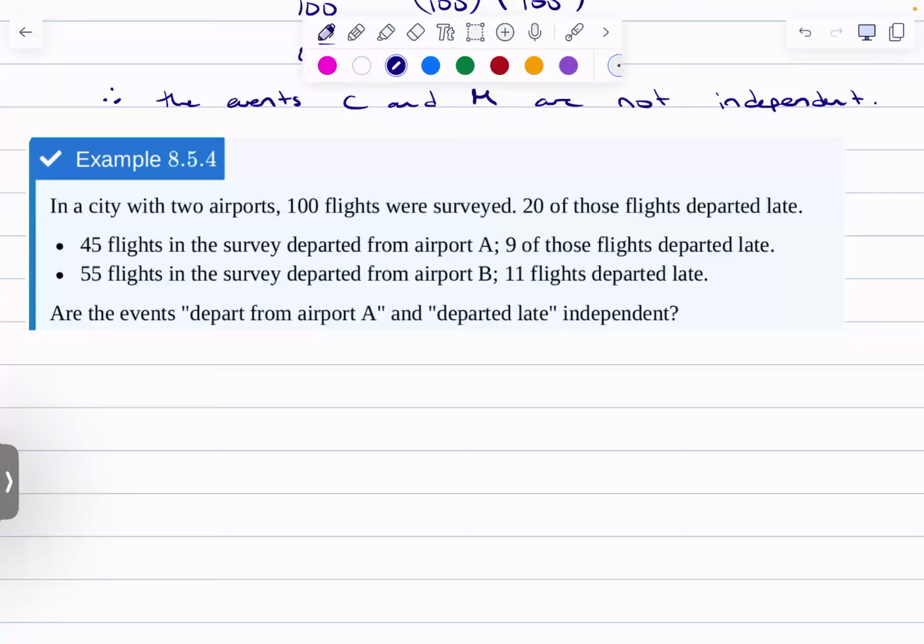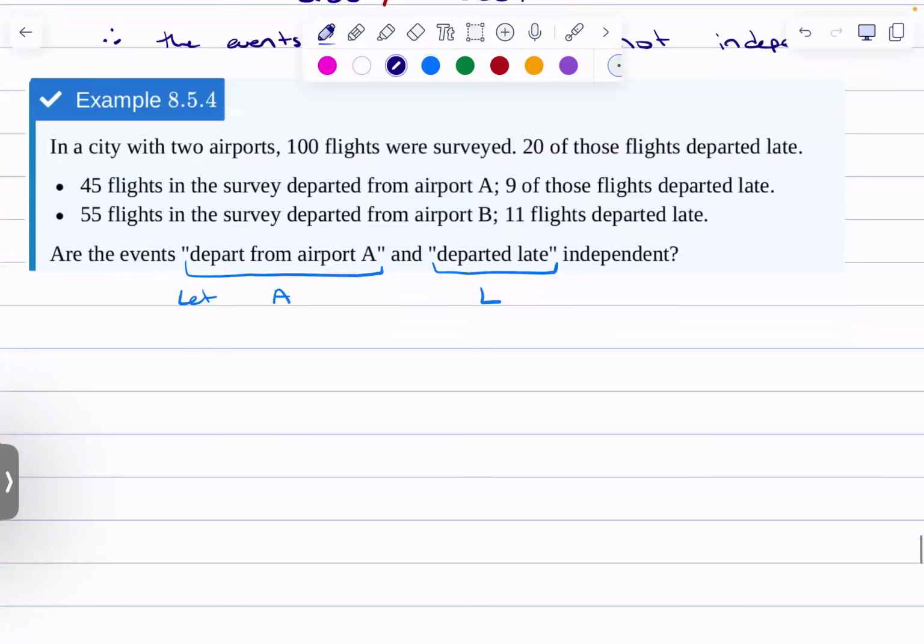So we can let A denote the depart from airport A, and we can let departed late be denoted by an L. And we want to show if the probability of A and L is equal to the probability of A times the probability of L?